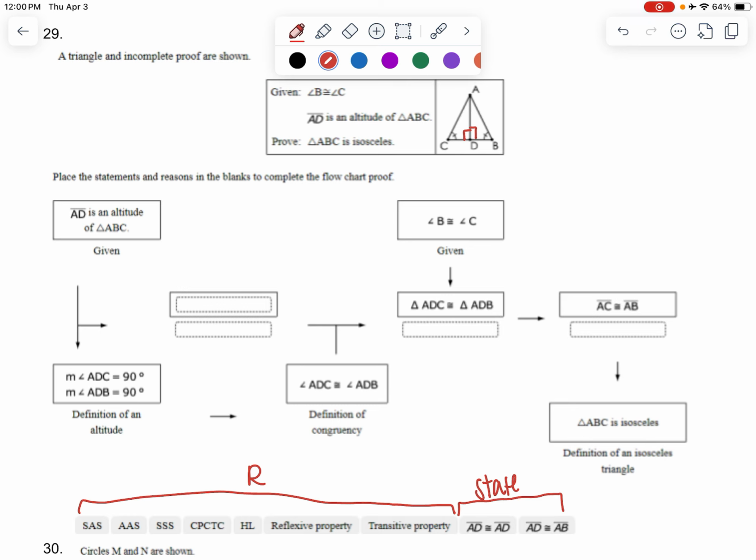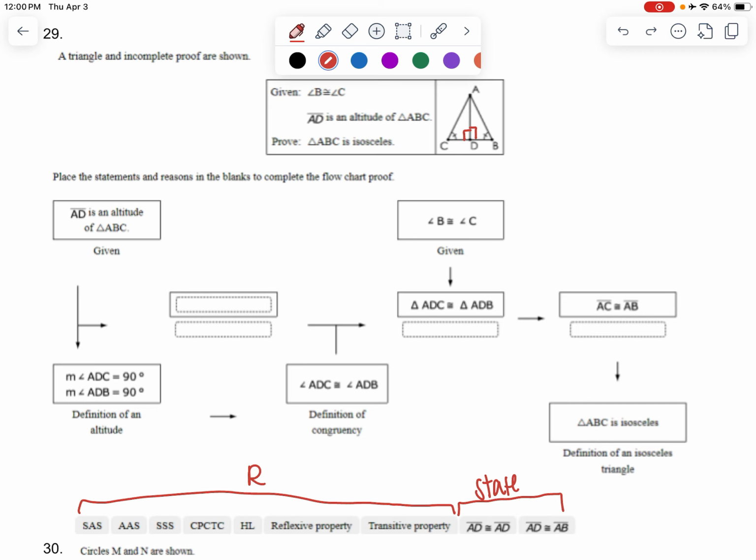Okay, so this right here means that this step is completely separate from this one. So it's not influenced by that other piece. So we want to look for which one of these works out from what we have, given that AD is an altitude.